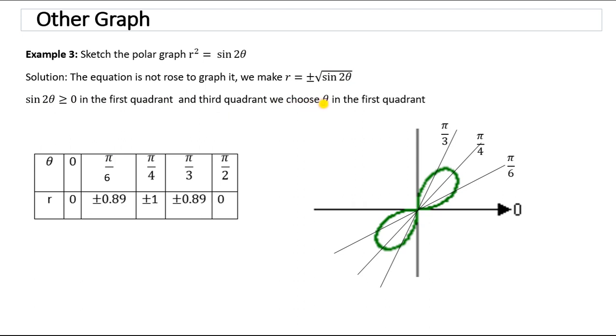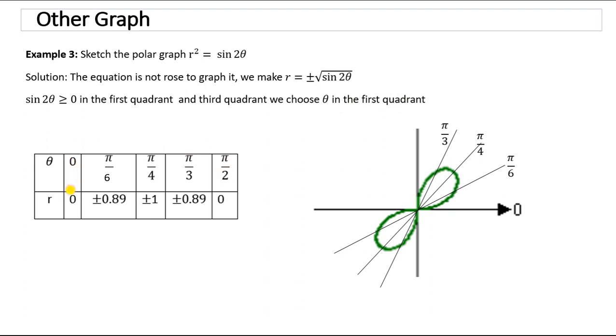We choose theta in the first quadrant because it is easy: theta equals 0, pi over 6, pi over 4, pi over 3, pi over 2.